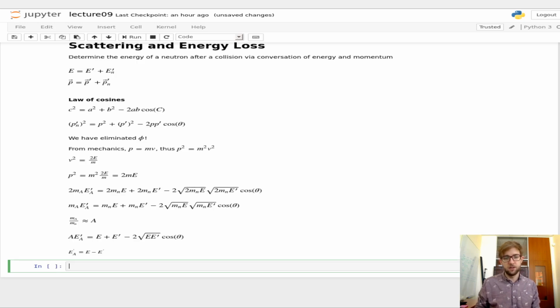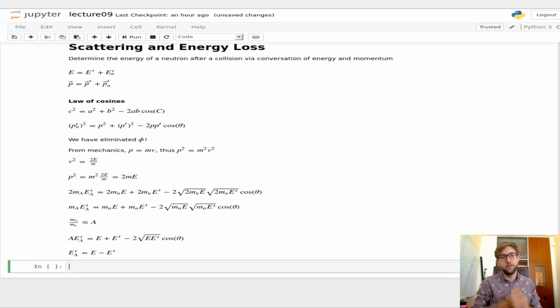So the neutron gives some of its energy to the nuclide A, and that amount is just the difference between them.